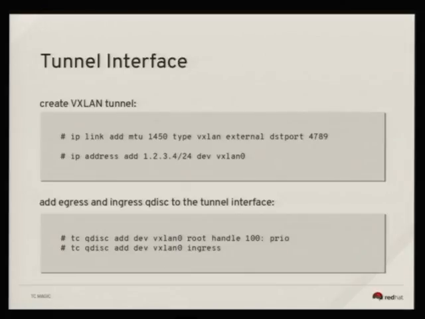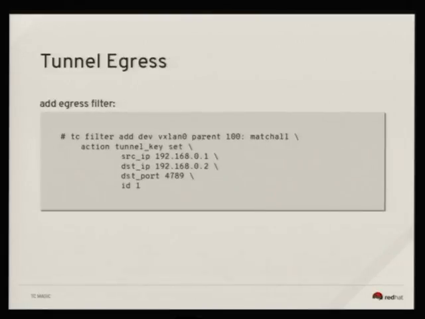So let's add our well-known qdiscs to the vxlan0 interface and add a filter. So we add an egress filter, matching all packets, which sets the tunnel key to those values. And this attaches some metadata to the packet, which specifies to the VXLAN interface where the tunneled packet should go to.